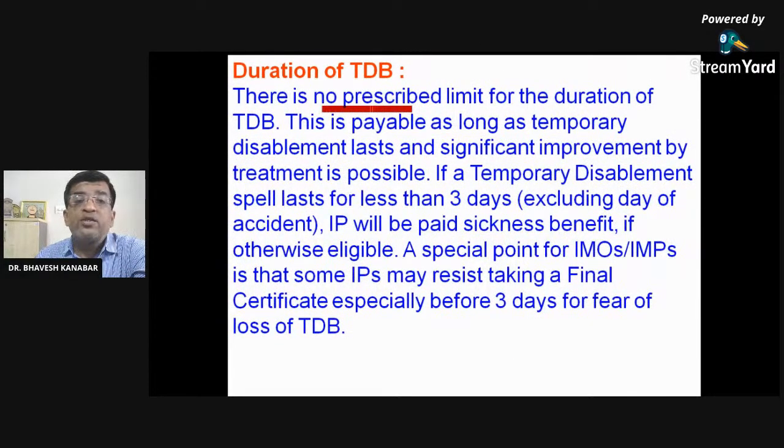Duration: there is no prescribed limit up to which temporary disability benefit is provided. This 90% of total wages is provided to the worker as long as the temporary disablement lasts and significant improvement is possible, right?